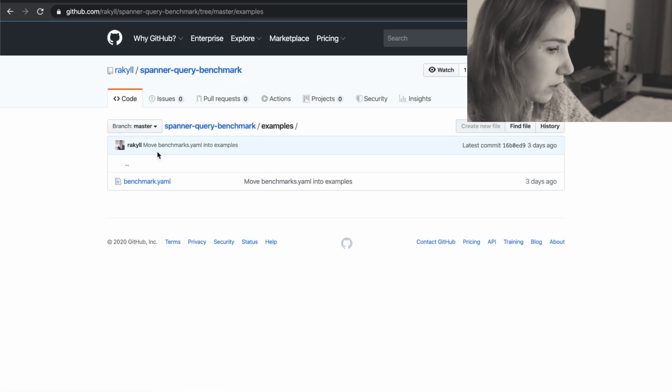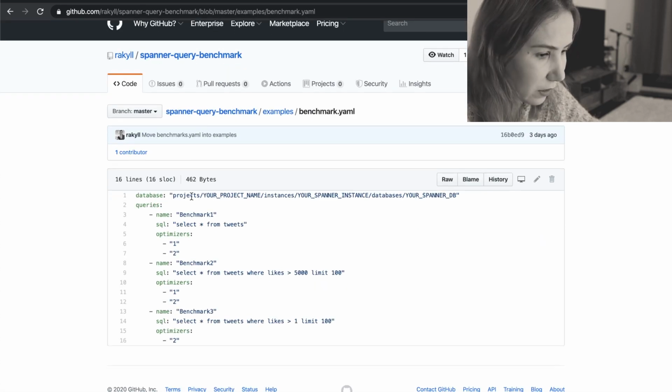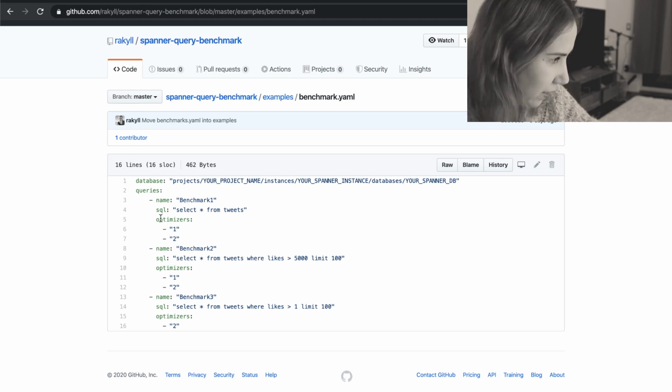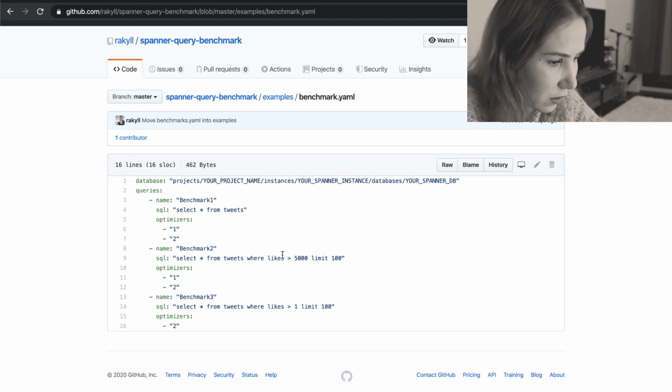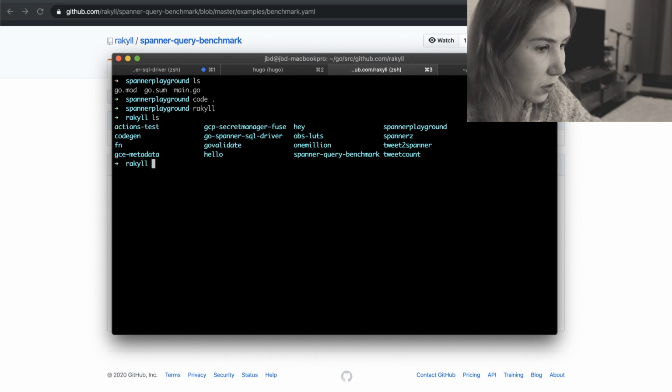You have to provide a configuration. It's a YAML file, yet another YAML file. You just put your connection string here and then give the SQL, as well as specify which optimizers you want to use. It just runs things and gives you the diff.